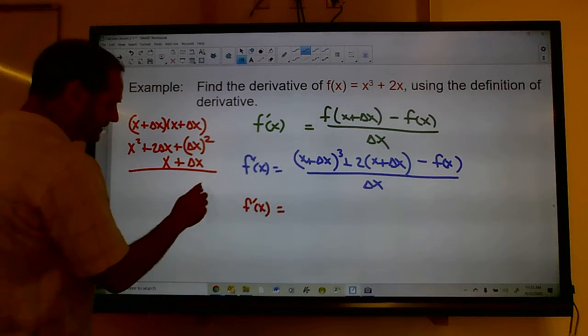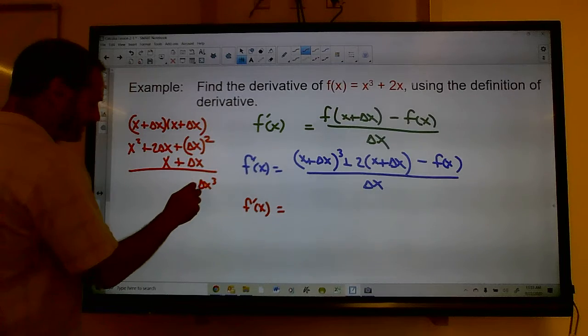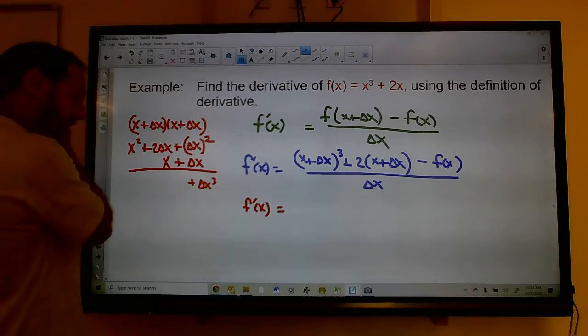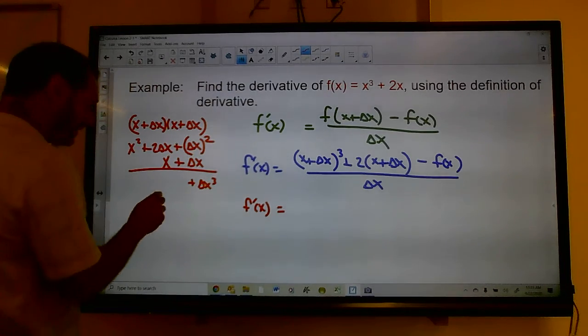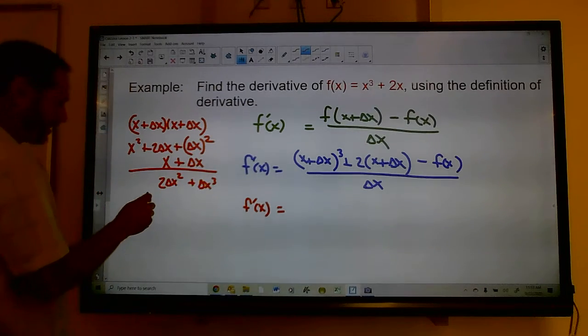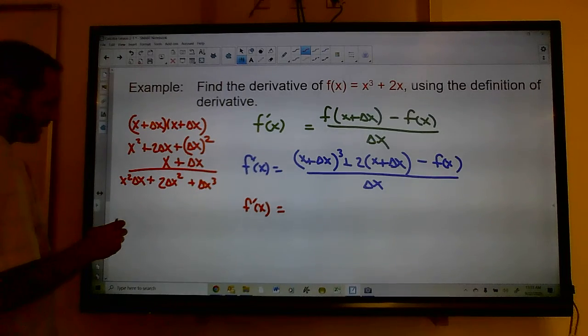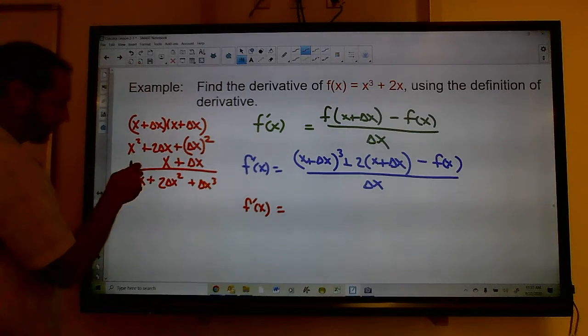So that's going to be delta x cubed plus 2 delta x squared plus x squared delta x. And then I multiply all this by x.